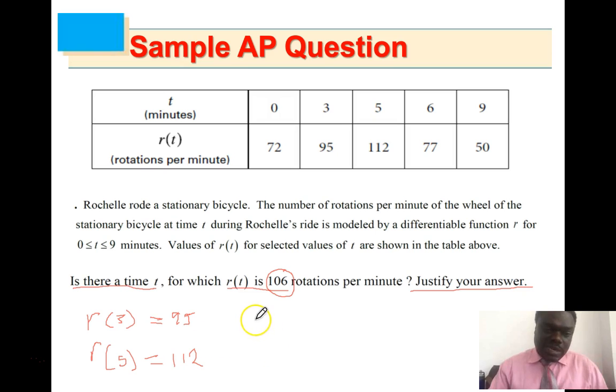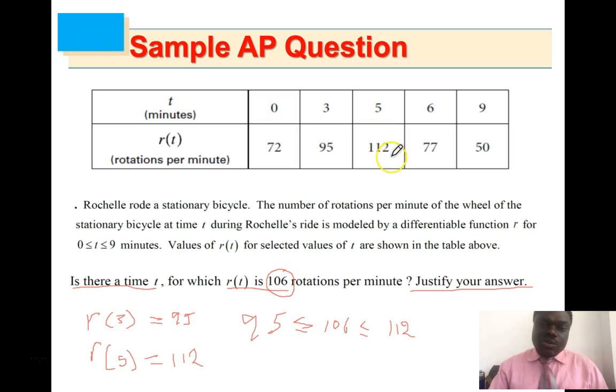So we would say that 95 is less than or equal to 106, and this is also less than or equal to 112. Because this function is continuous and 106 is between 95 and 112, there must be some value of t for which R of t will be 106.